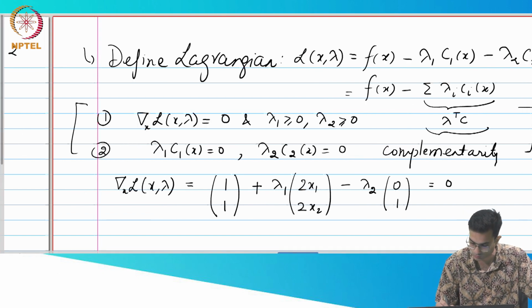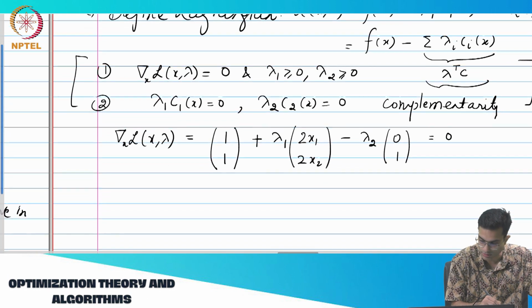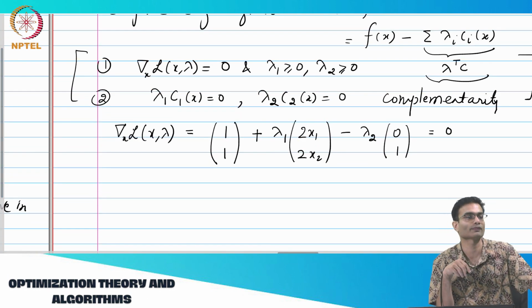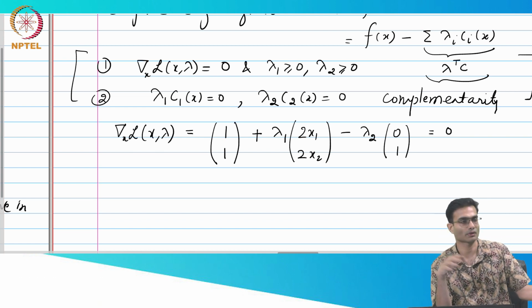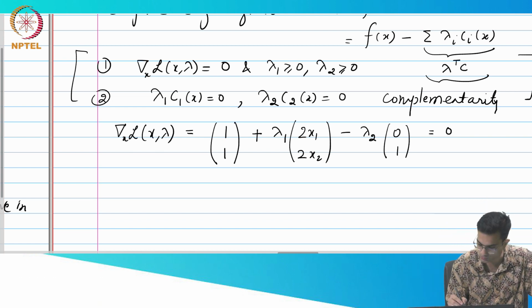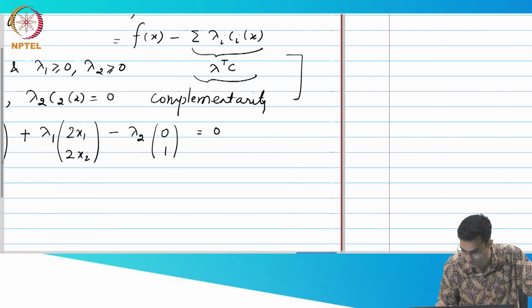So if I want this to be equal to 0, does this look like a system of linear equations, either in x1, x2 or in lambda 1, lambda 2? Right. So maybe I'll just write it here.